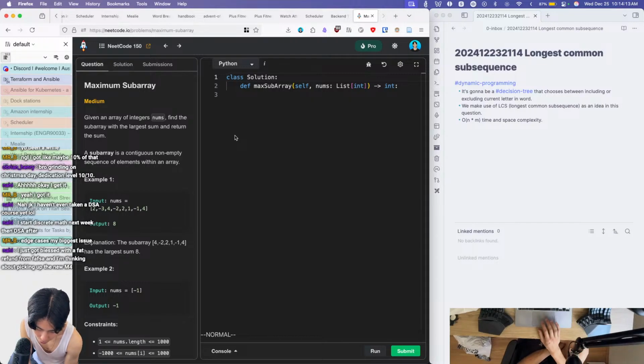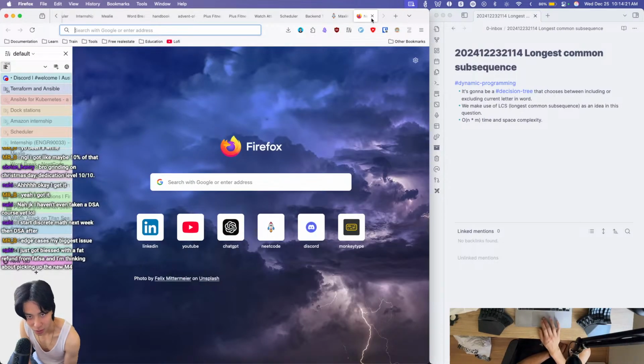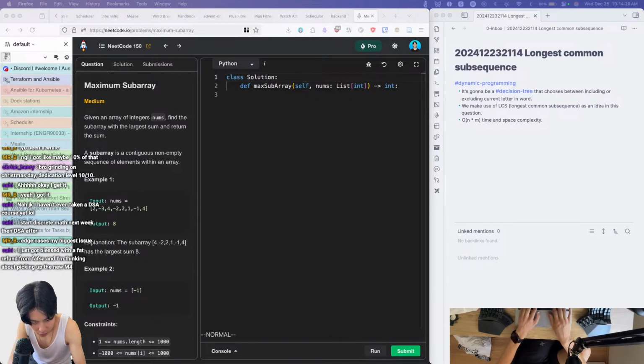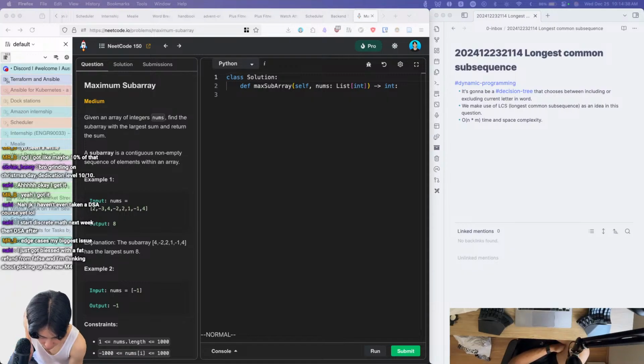You got a refund from FAFSA. Picking up the new M4. Think about it. Except what is FAFSA? Okay, a Free Application for Federal Student Aid.